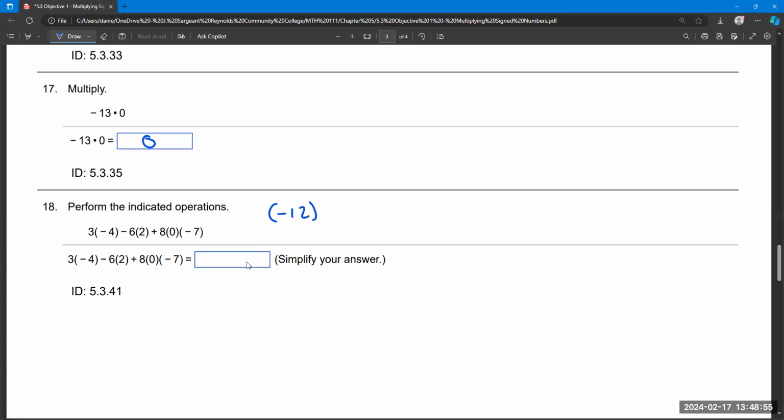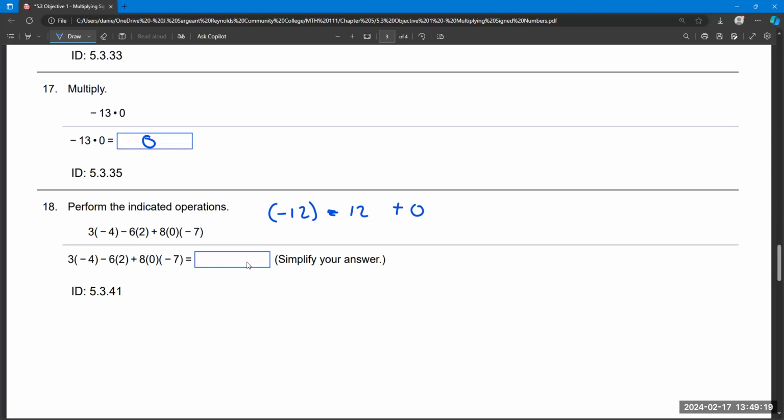And then we have minus 12 plus 0. All of this was 0. That was -12. That was -12. We haven't really talked about order of operations yet, but we need to take care of our multiplication before we take care of our addition and subtraction.